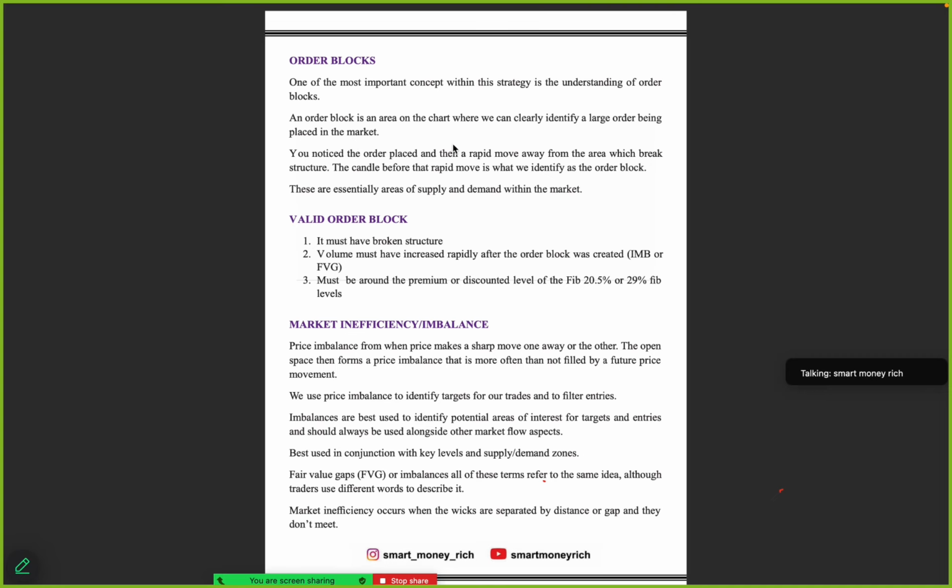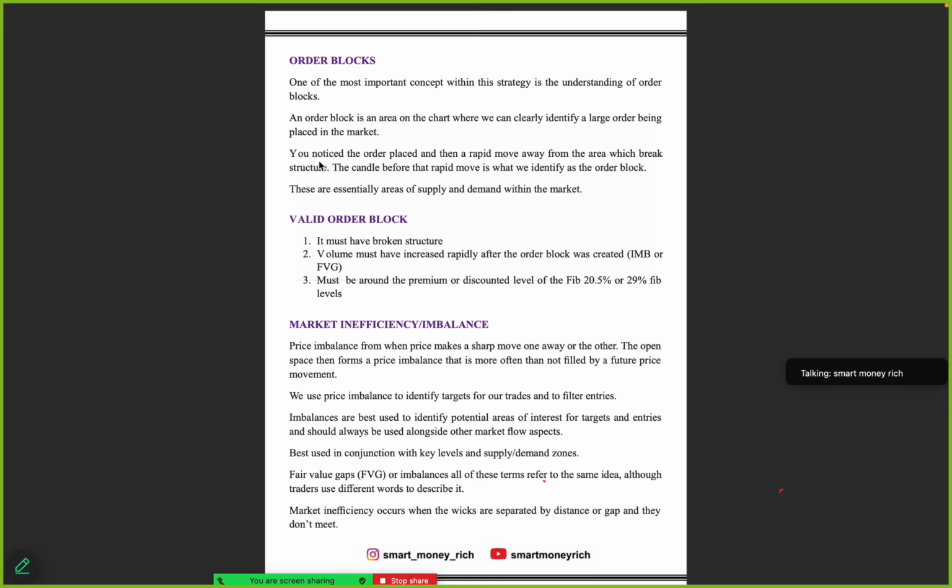So an order block is an area on the chart where we can clearly identify a large order being placed in the market. First of all, you will notice the order placed and then followed by a rapid movement away from the area, which leads to a break of structure.